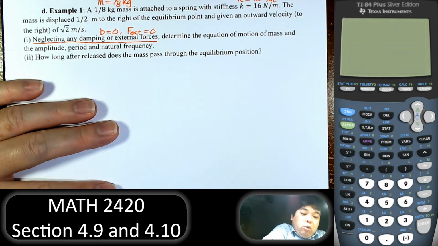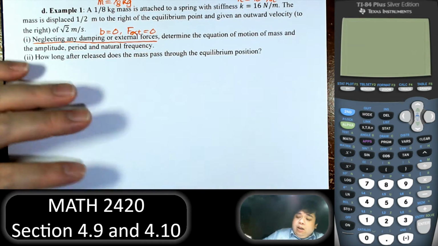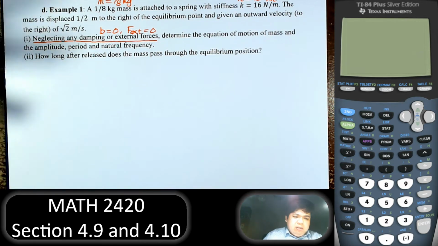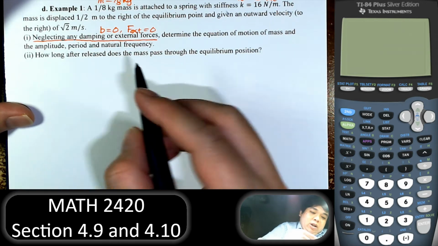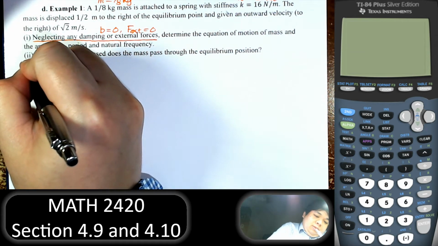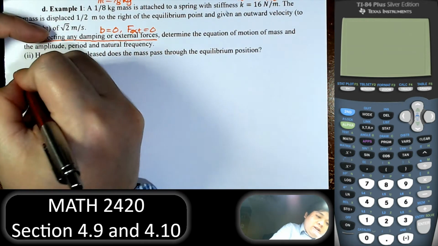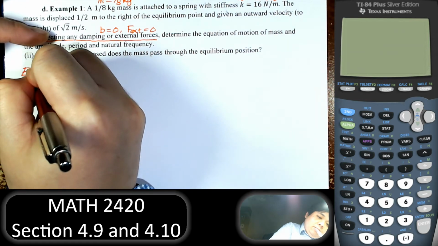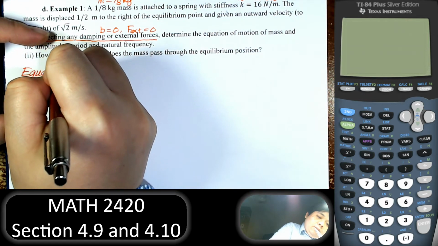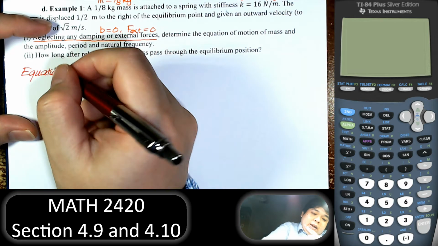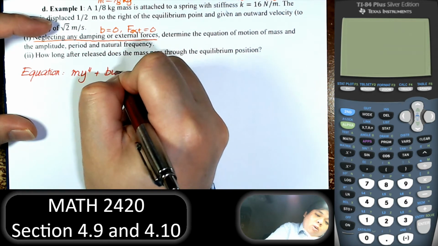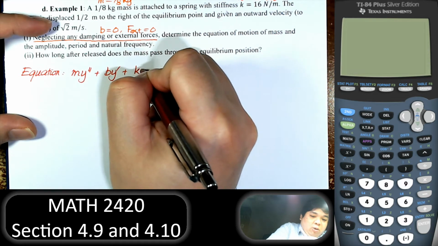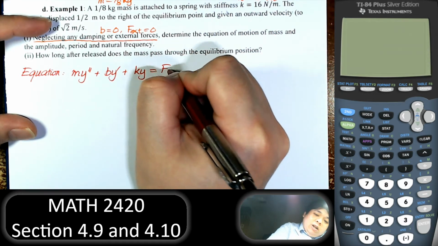So we have all the information. Now, let's do the first part. I'm just going to do both parts at the same time. First, let's write the equation: m y double prime plus b y prime plus k y equal to the external force.